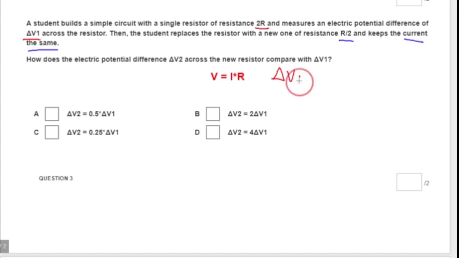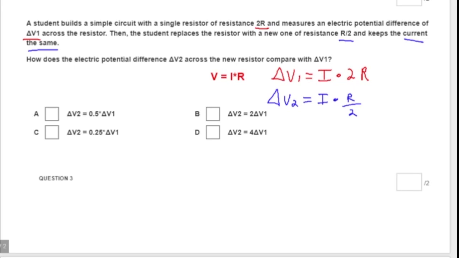We have delta V1 is equal to I times 2R. This equation is just Ohm's law, I'm just plugging in my variables. And then our other one is delta V2 is equal to I, because it's the same current, times R over 2.